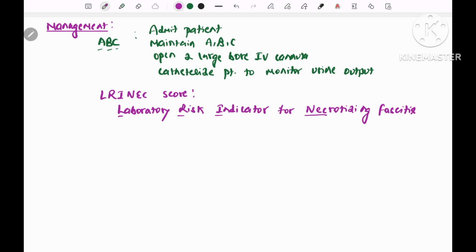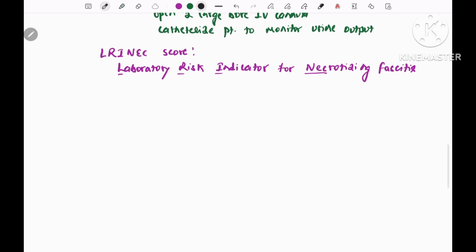From this we assess the severity of necrotizing fasciitis, and it has some components. I remember these components as a mnemonic, because this is a very dangerous condition, it chews the tissues.